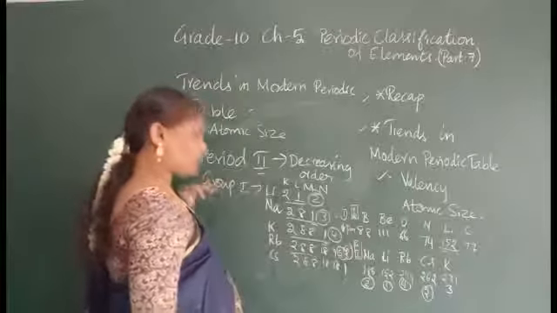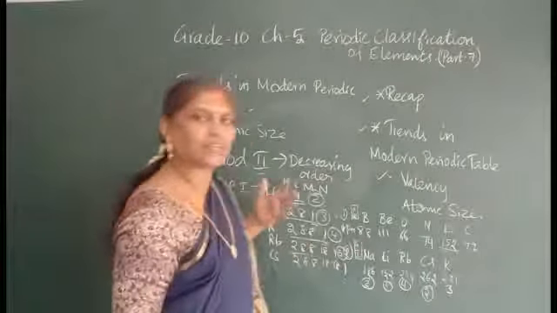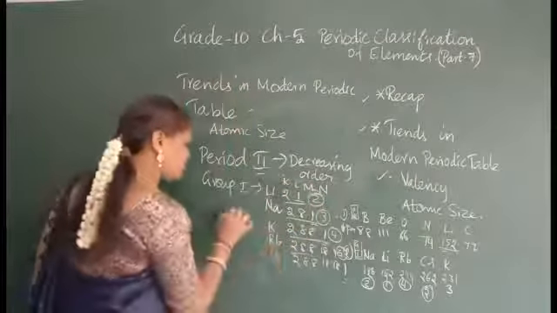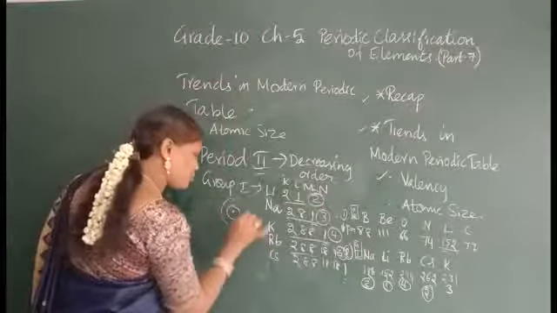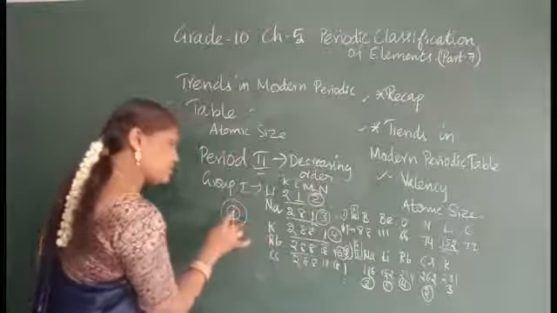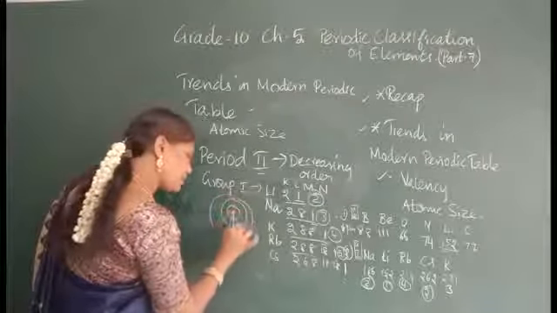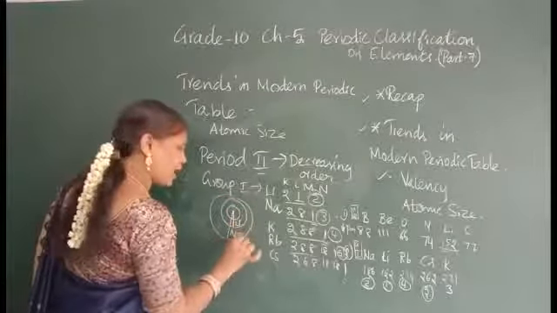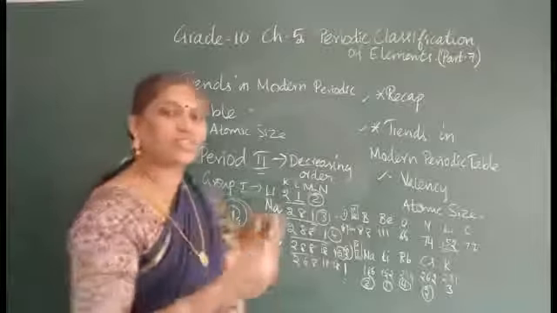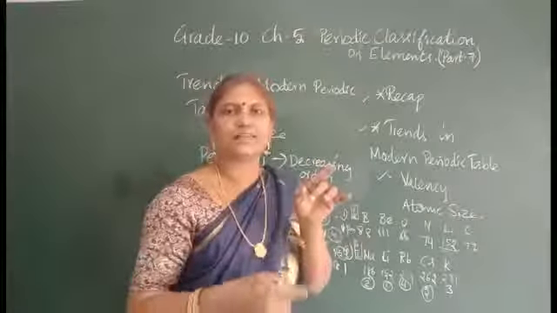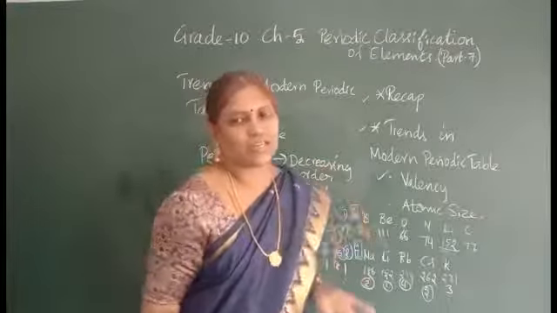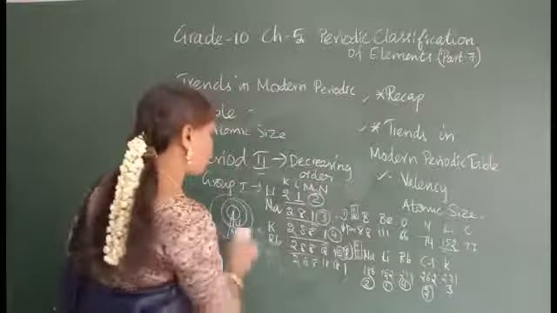So in the group, the atomic size, obviously you see. Lithium will have 2 shells. So what is the distance? It will be this much. When you come to sodium, this is lithium, this is sodium. What happens? The shells increase, and the distance between the nucleus and the outermost shell increases. Then what happens in group?